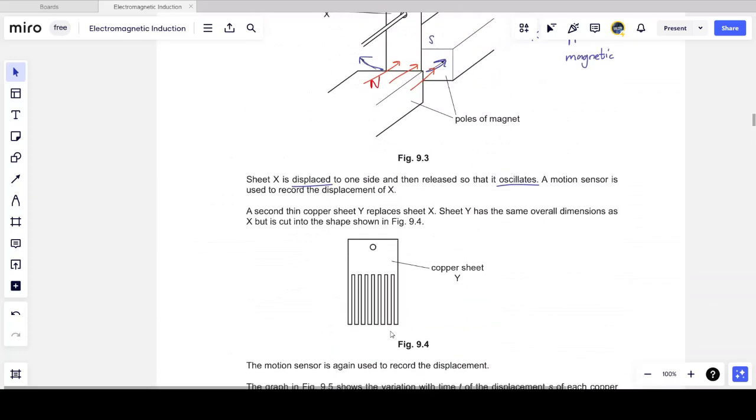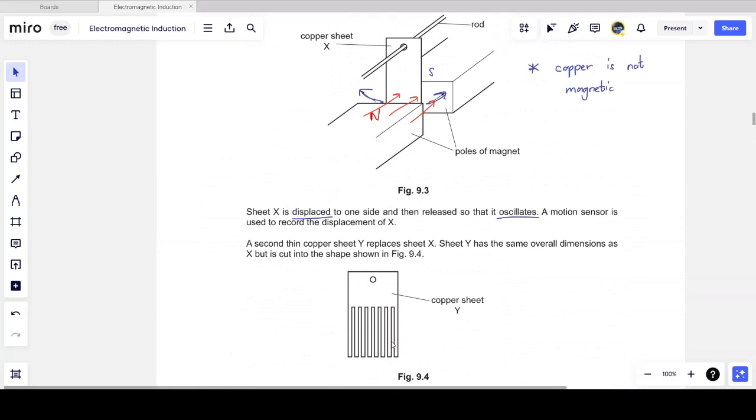It is not correct in any way whatsoever to say that the magnetic field of the copper sheet interacts with the magnetic field of the magnets. Copper itself is not magnetic. You can't say that the north or south pole of the magnets are going to push or pull the copper sheet to or fro.